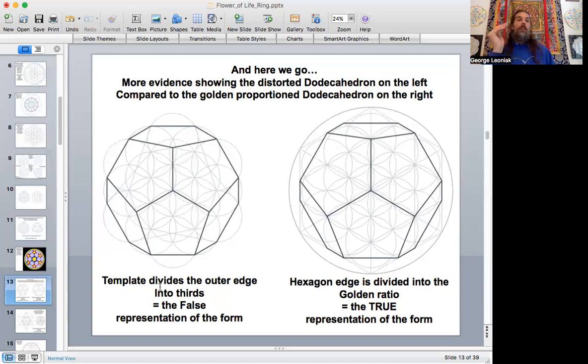So this is important to realize, the proportions of these edges. If I have a hexagon that goes along the edge here, one of the defining characteristics to know if you're dealing with a dodecahedron that has golden proportions is to look at this outer edge and see if this is a golden proportion segment to the right and left side of it, okay?